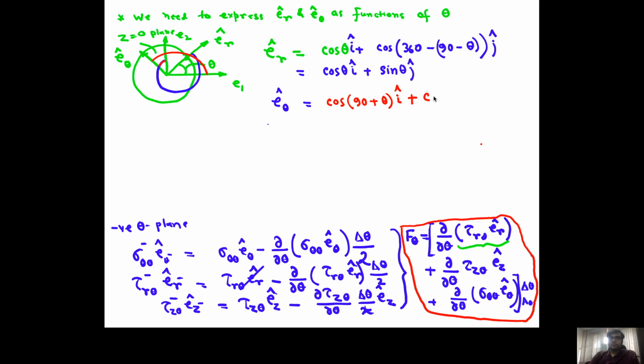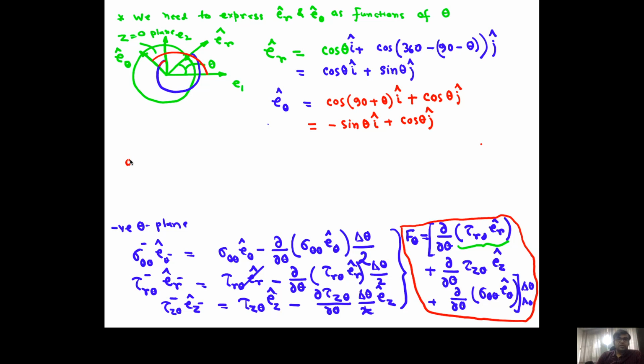Now this is going into the first quadrant, where cos is, sorry, negative. So this becomes minus sine theta I cap plus cos theta j cap, right? So what I have done here is represented ER and E theta, my cylindrical coordinate system, in terms of the Cartesian coordinate system, and only in R and theta; Z is the same, so that is not needed.